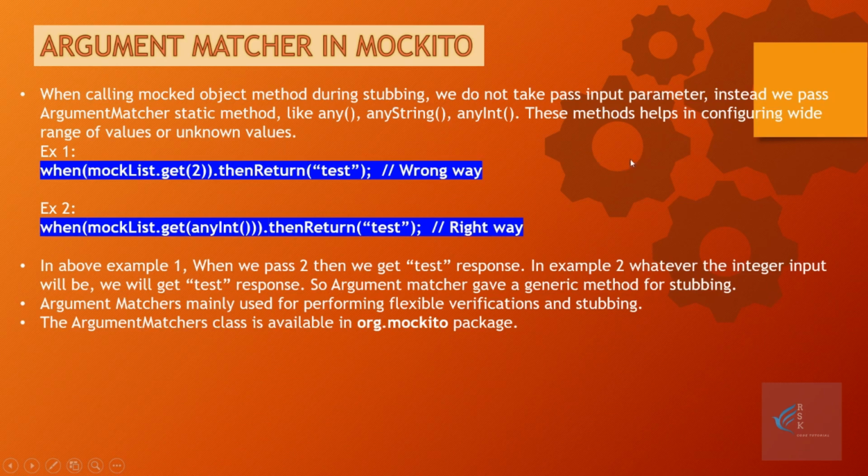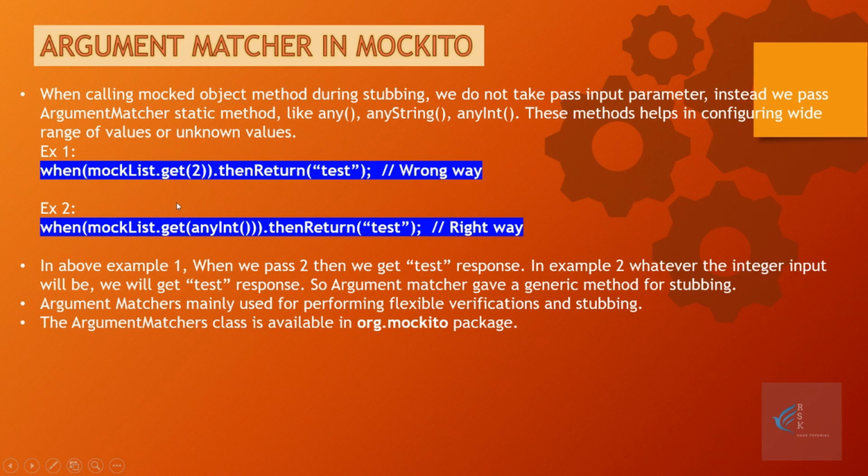Instead, we pass argument matcher static methods like anyString, anyInt. These methods help in configuring a wide range of values or unknown values. For example, when mockList.get, if we pass 2, then return "test".